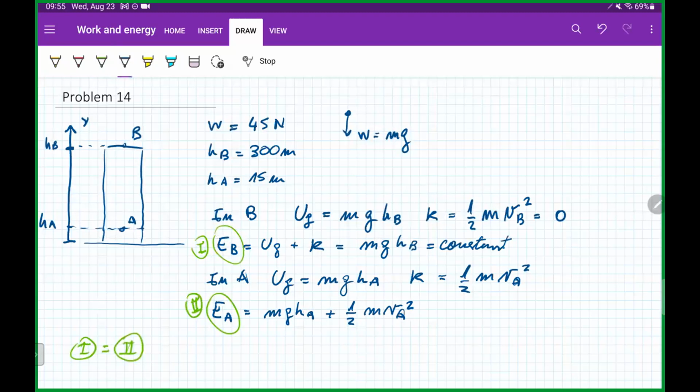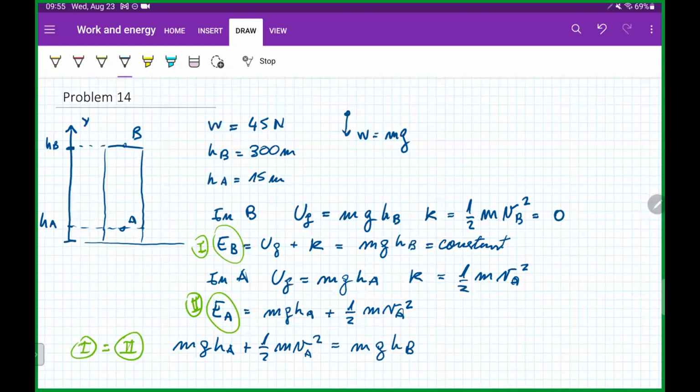And then we can write that mgh_A plus 1/2 mv_A squared equals mgh_B, right?